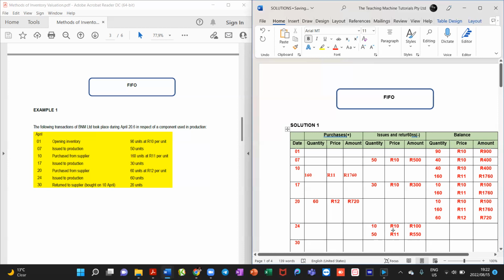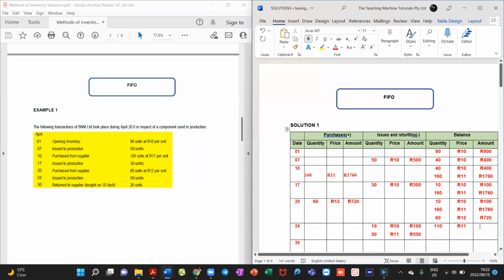From 160, I took how much? 50. How much am I left with? I'm left with 110, if I'm not mistaken. 160 minus 50, it's 110. So I'm left with 110 and the price, it's 11.